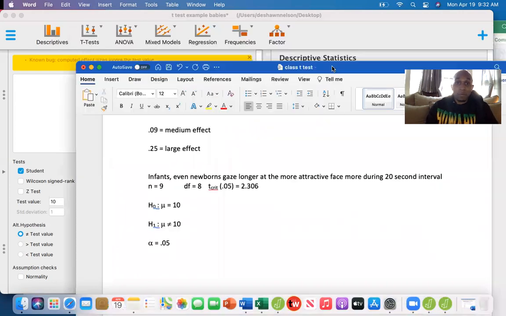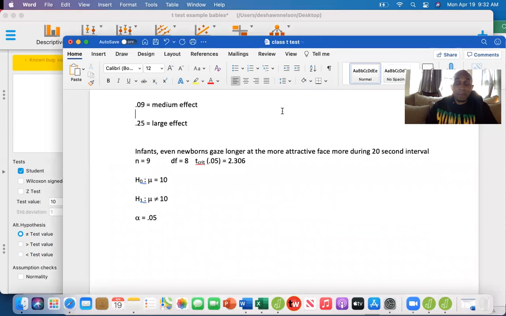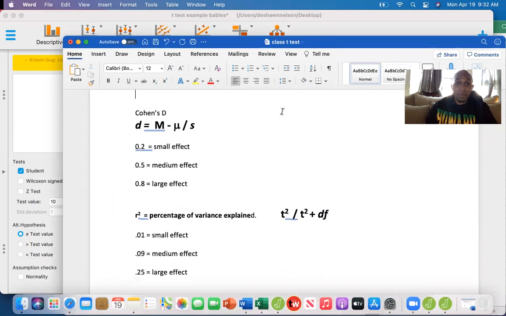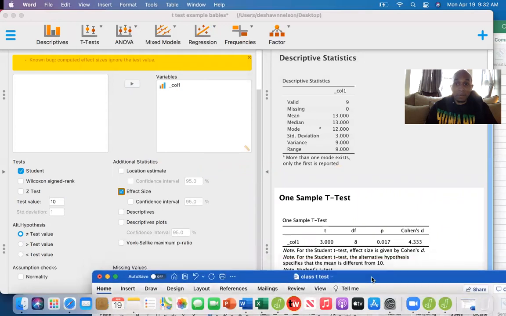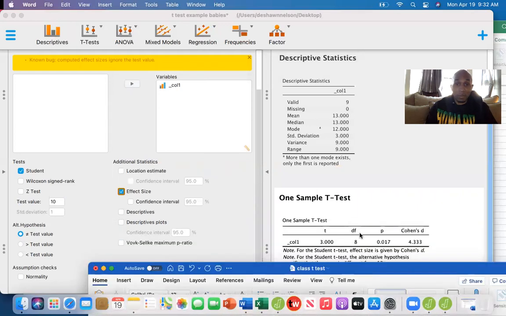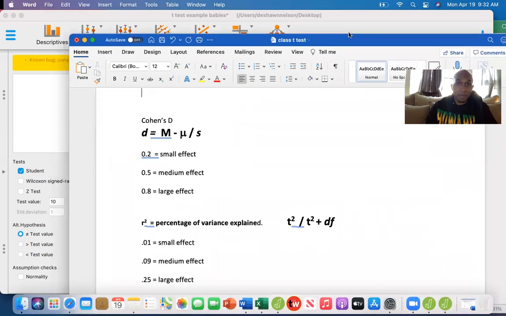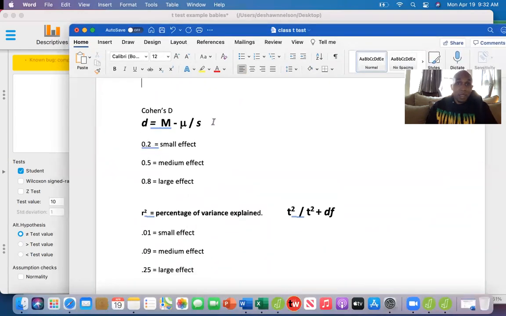All right, so if we would consider Cohen's D, we want to look into effect size, just to make sure that this effect size of 4.33 is what we would have found if we ran the formula. Okay, so we have a standard deviation of 3. We have the difference between our sample mean 13 and population mean 10.